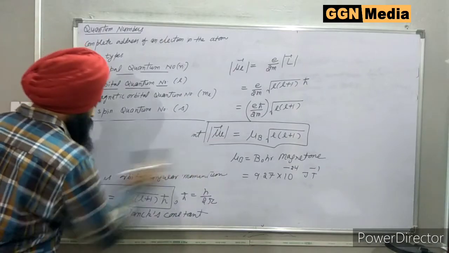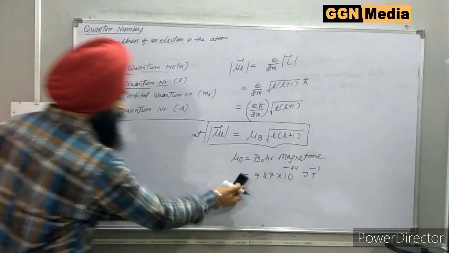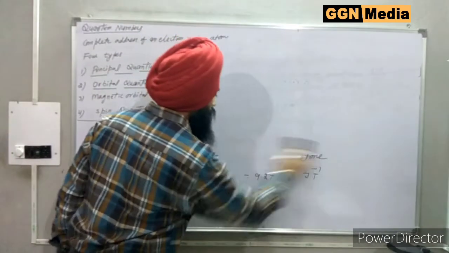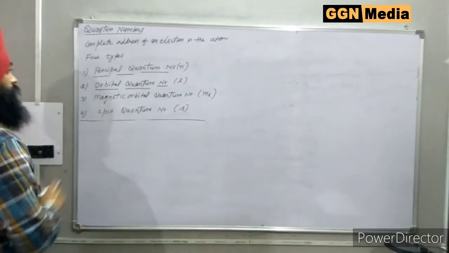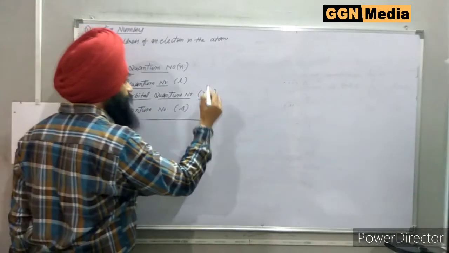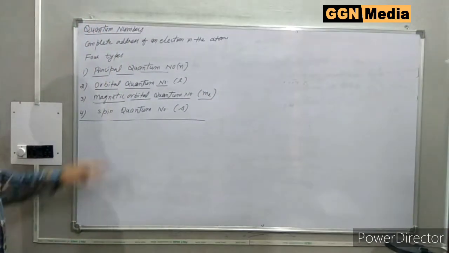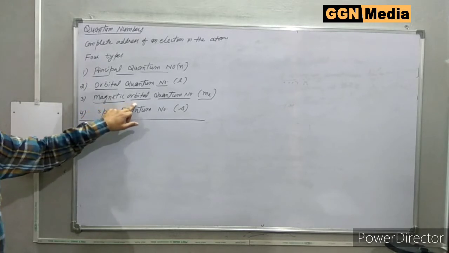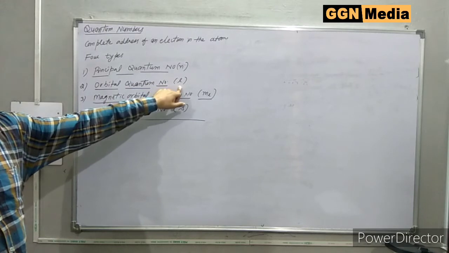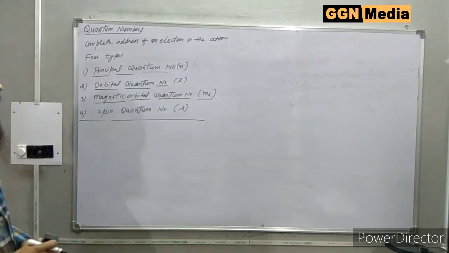So now let us switch to the third quantum number, which is called the magnetic orbital quantum number. Basically, this quantum number represents the orientation of the orbital angular momentum L in the space around the nucleus.